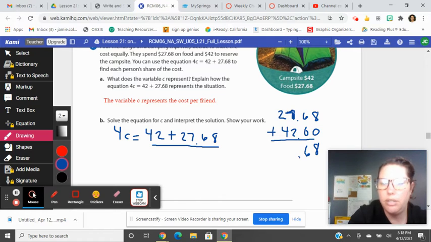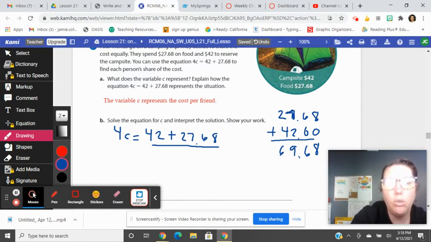And then 7 plus 2 is 9. And 2 plus 4 is 6. So the total is going to be, scratch that, 69.68 for them to do this camping trip, okay?